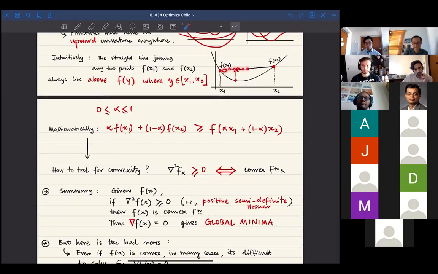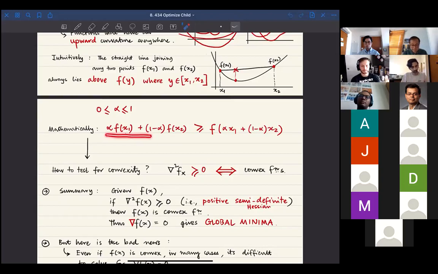So you can express any point over here by regulating alpha. Does that make sense? This basically says the whole line connecting f(x1) and f(x2), any point on that line, can be thought of as a weighted average of those 2 points. That must be greater than or equal to what?